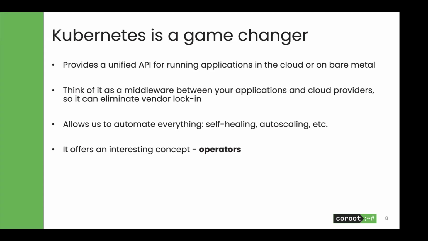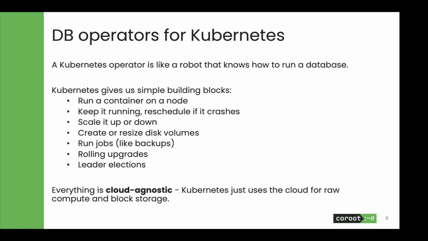Kubernetes provides us with some middleware, and it provides us with APIs like we can run a container or we can scale our nodes. Also, having such APIs allows us to build operators.